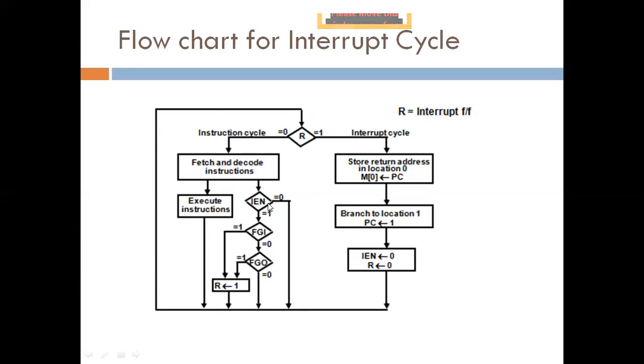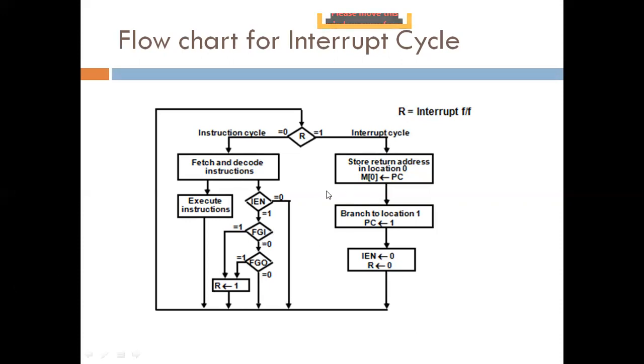But the other option is if IEN is equal to 1. If IEN is equal to 1, the control checks the flag bits FGI and FGO. If both bits are 0, it indicates that neither the input nor the output register is ready for transfer of information.